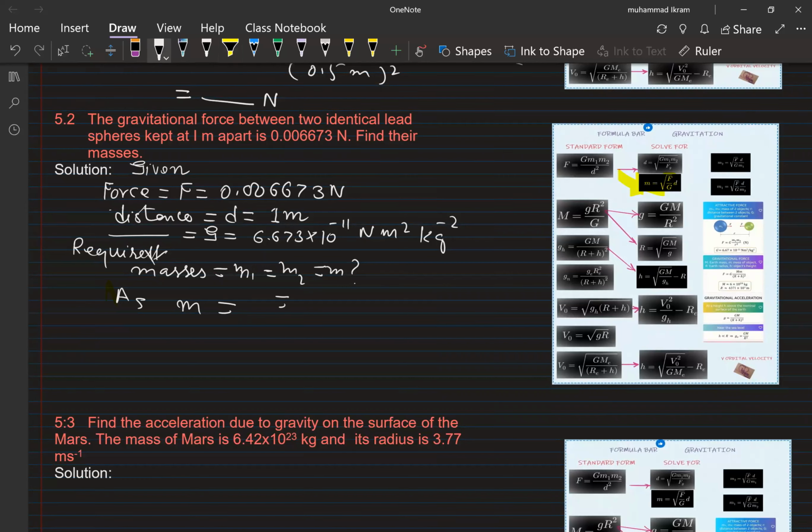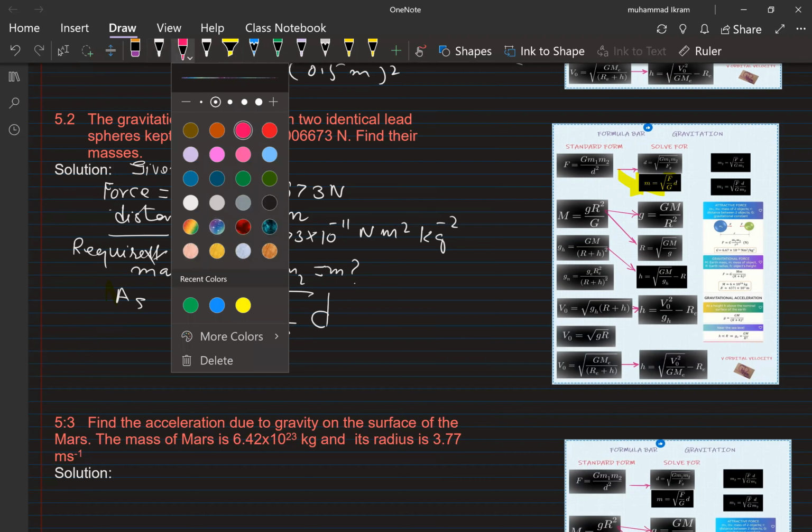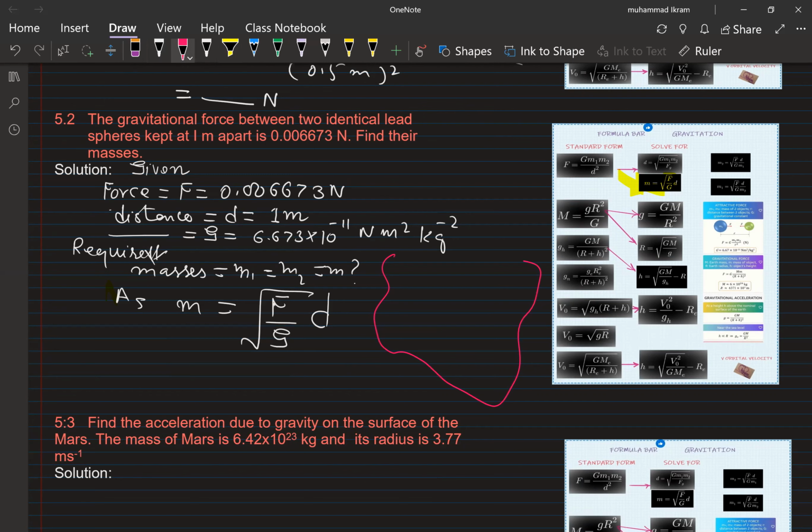So M is equal to what? M is equal to d times the square root of F by G. Now, how I got this formula? Look, this is very easy. Look at the Newton law of gravitation, F is equal to G M1 M2 by d square.